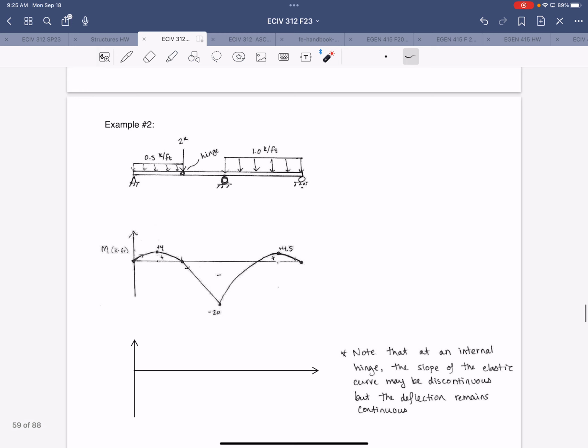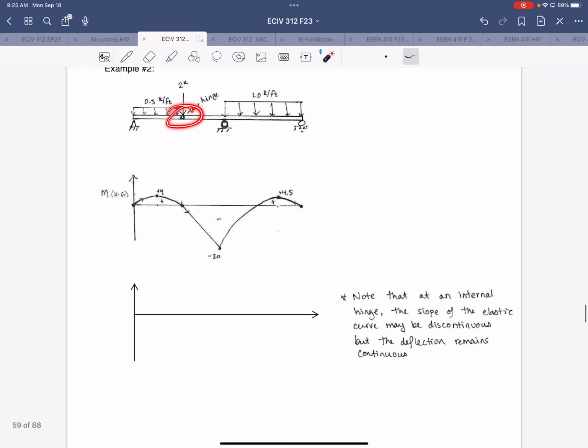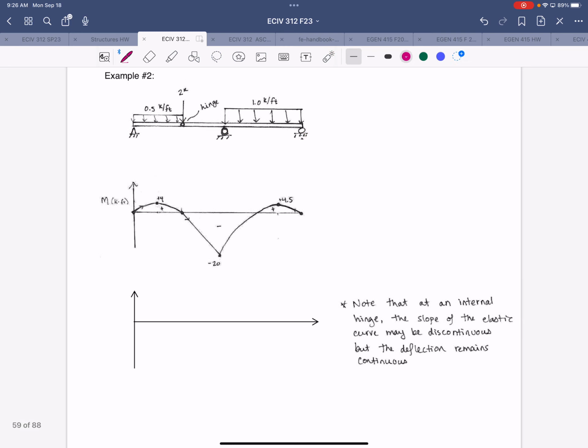All right, next example here. Got our beam with the hinge this time, all right? So we have pin, roller, roller, hinge, moment diagram as shown. We will draw the elastic curve. So I'm going to start with drawing in the location of the supports on the elastic curve diagram.